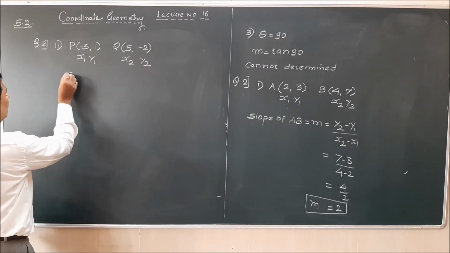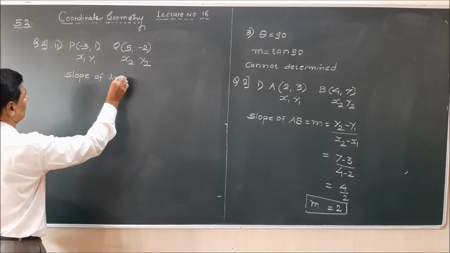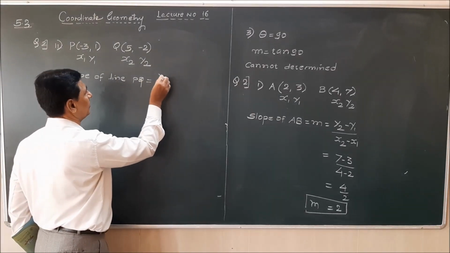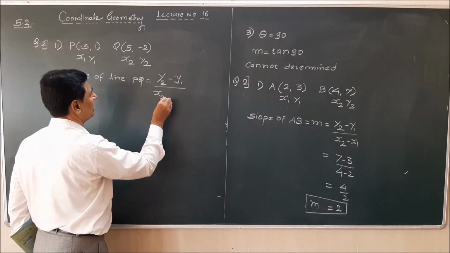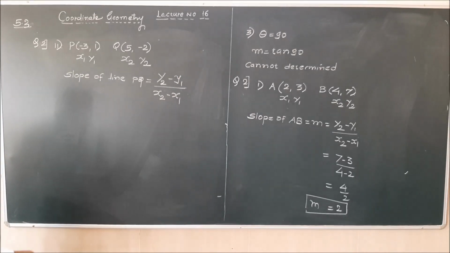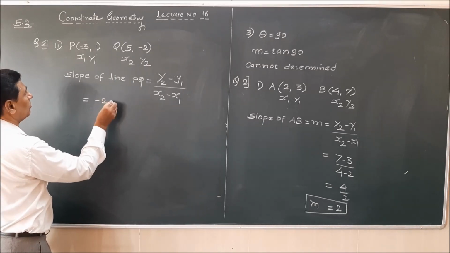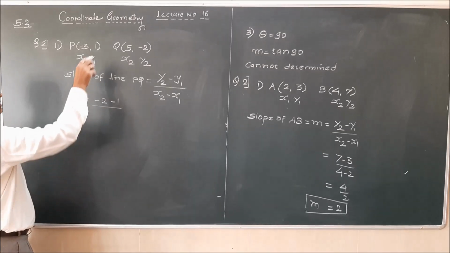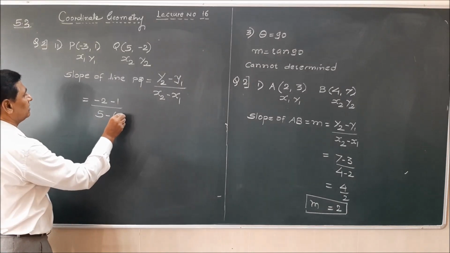So slope of line PQ is equal to the same formula, y2 minus y1 upon x2 minus x1. That is equal to y2 is minus 2 minus y1 is 1, upon x2 minus x1. Be careful here, 5 minus of minus 3.